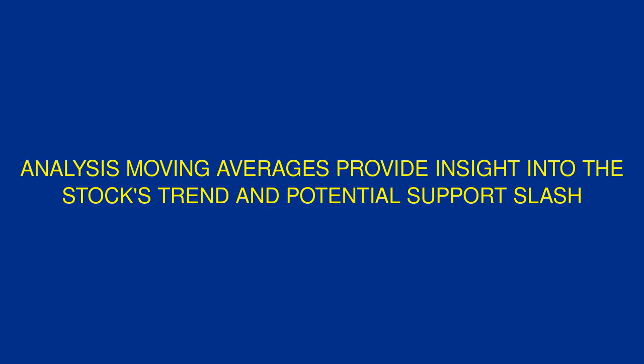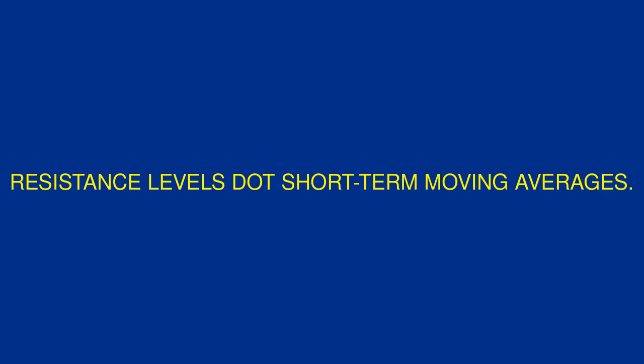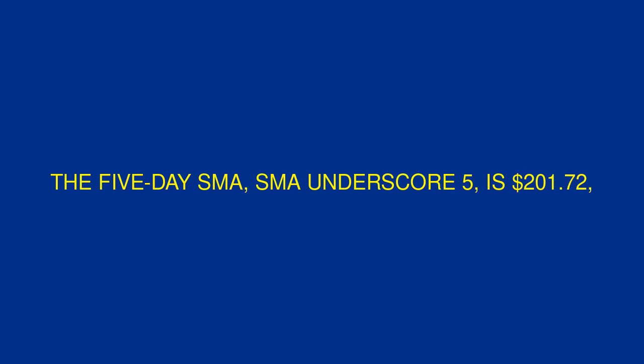Moving averages analysis. Moving averages provide insight into the stock's trend and potential support/resistance levels. Short-term moving averages. The 5-day SMA, SMA_5, is $201.72, and the 5-day EMA, EMA_5, is $202.12, both of which are very close to the current closing price of $202.82.